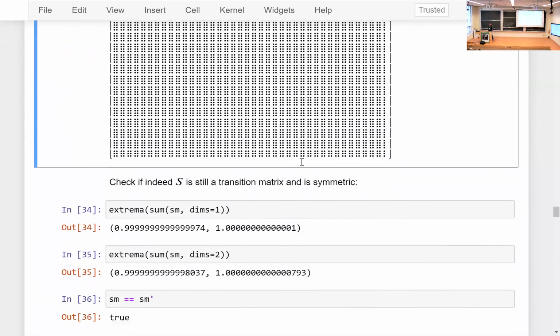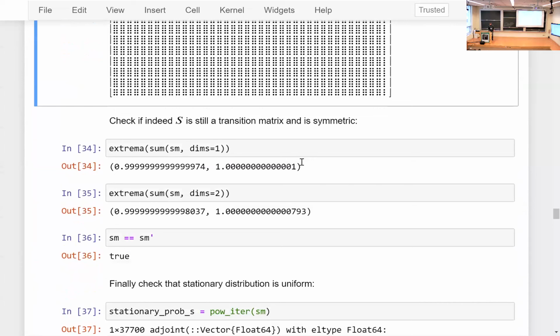But now we check if indeed the matrix is doubly stochastic, so summing over rows, and so dims=1 means we sum in one dimension, dims=2 in the other dimension. Both ways we are okay. Actually, as we promised, this matrix is symmetric.